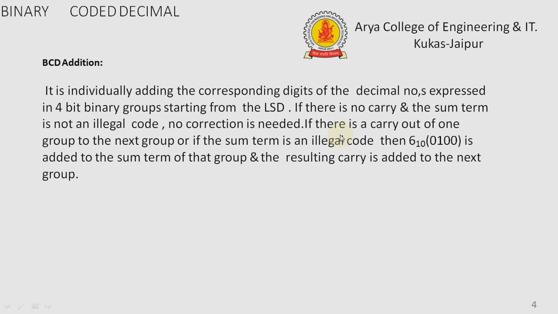If there is a carry out of one group to the next group, or if the sum term is an illegal code, then 6 base 10, that is 0110, is added to the sum term of that group, and the resulting carry is added to the next group. That means in BCD addition, in that group we have to add the value of 6, and the carry should be added in the next group.